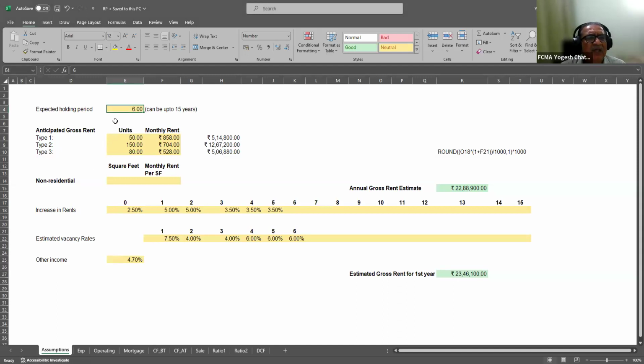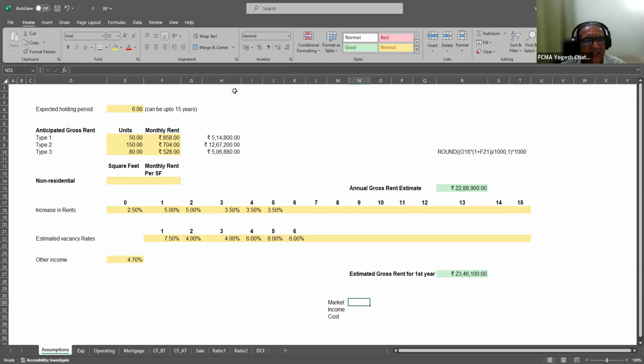So here I am assuming that, as we all are aware, there are three approaches to valuation: the market approach, the income approach, and the cost approach. Normally, in case of real property, the land and building, we make use of the market approach, but we can also make use of the income approach.